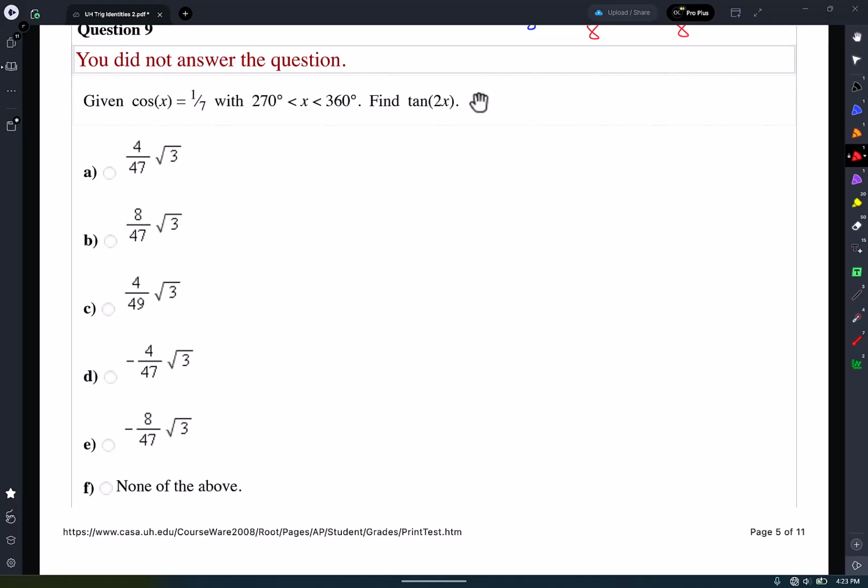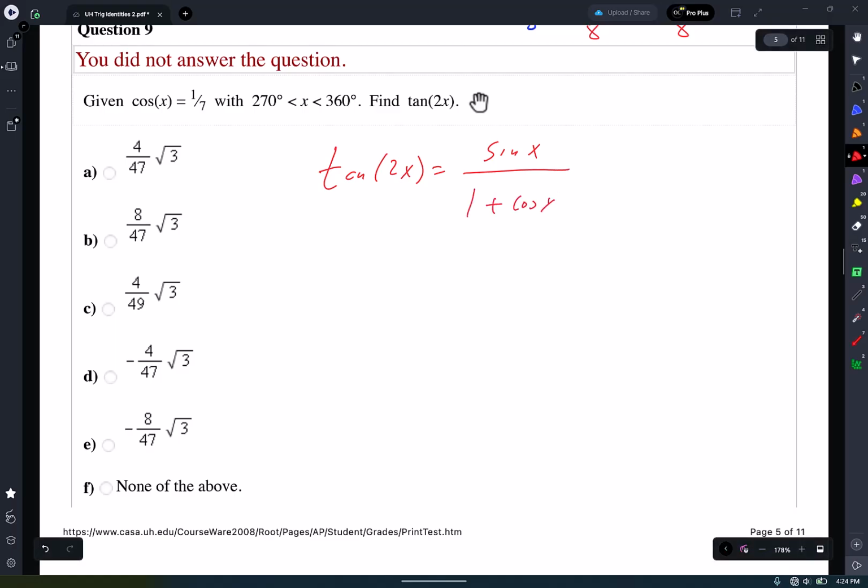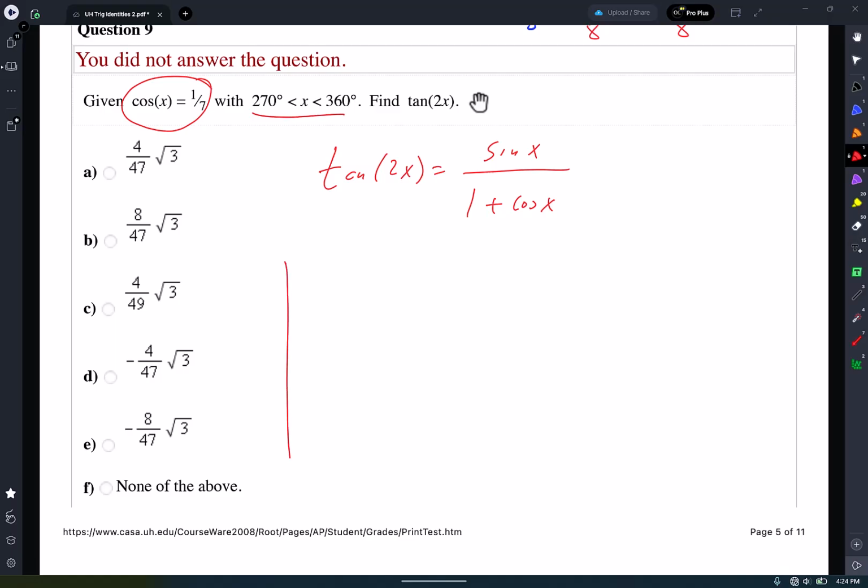Tan 2x. So tan 2x, we can get by doing sine x over 1 plus cosine x. Are we still okay? So, I already have cosine x. That's between 270 and 360, so that's quadrant 4. I'm going to write 1.